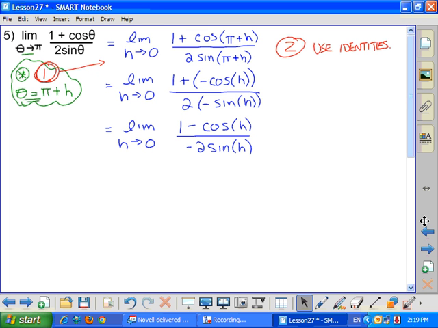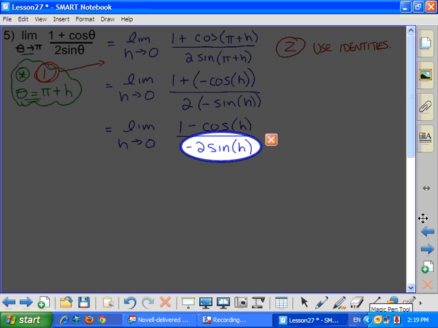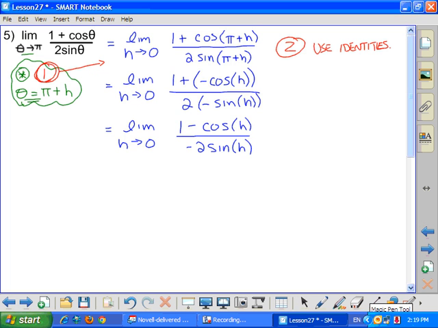That being said, now we're down to analyzing this specific problem. First of all, do we have a problem? If theta is 0, what happens to the denominator? It's going to equal 0. So, can't factor because there's no squares. Rationalizing or multiplying by the conjugate, we could try that. So I'm going to multiply by 1 plus cos h, top and bottom.